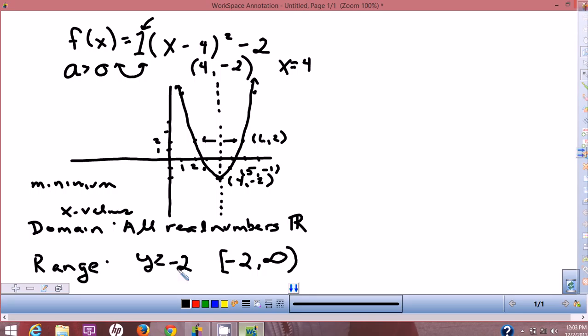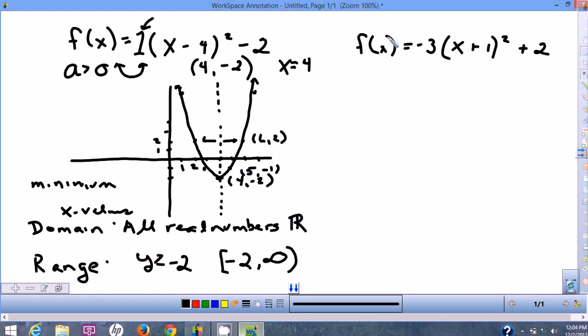So we define our range of that function as -2 to infinity, or y is greater than or equal to -2. All right, well, let's try one that opens the other way. And again, let's use this as an opportunity for review. We'll do f of x is equal to -3(x plus 1) squared plus 2. So again, we're looking at the vertex form of a function.